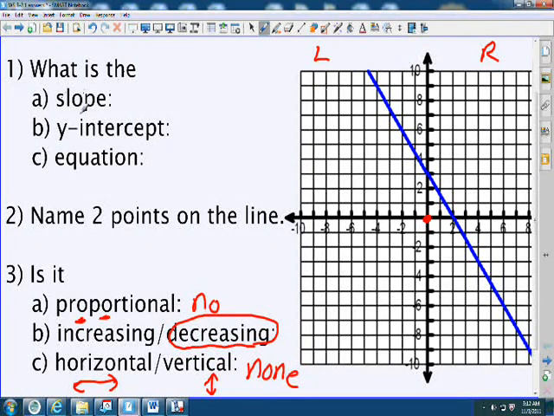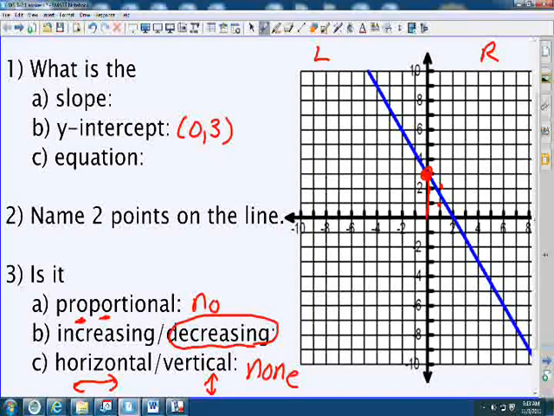Now the next thing, let's try and find the equation of the line just like we did on that last problem. I go to my y-intercept and I put a dot. My y-intercept is 0, 3. Now my slope, if I go down 1 to the right 1, I'm not quite on the line. If I go down 2 to the right 1, I'm not on the line.